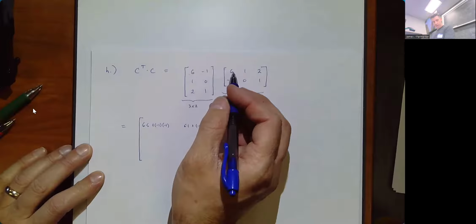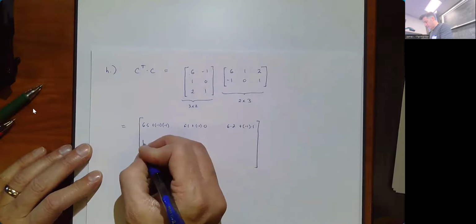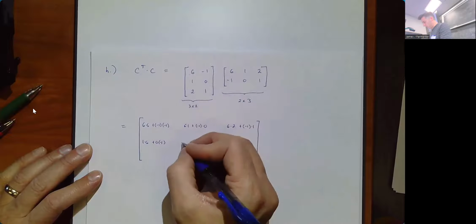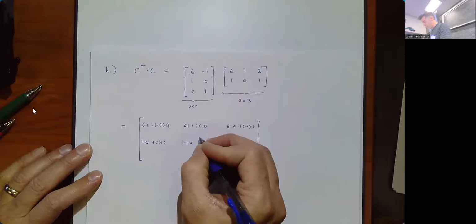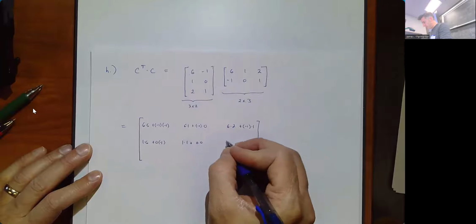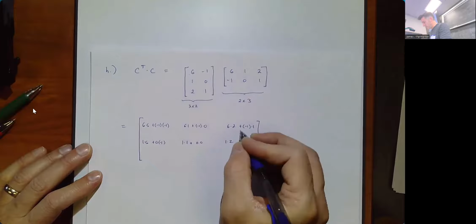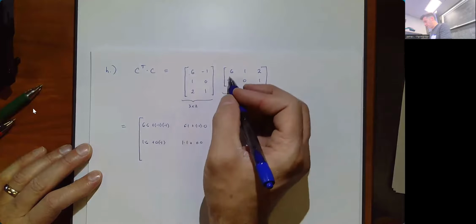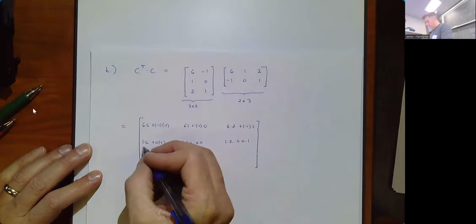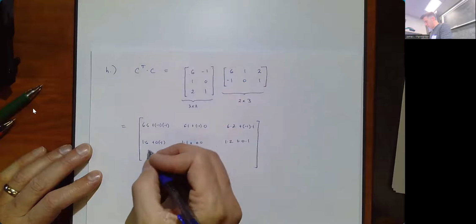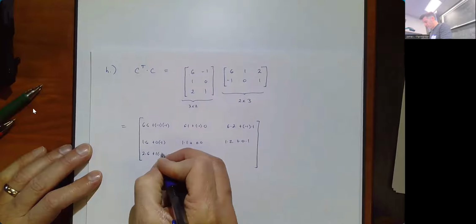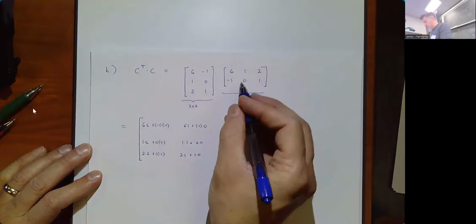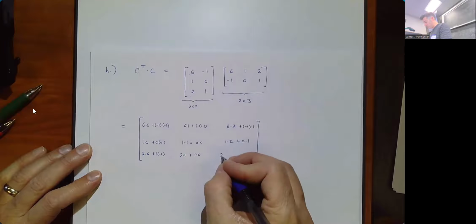So the second row should be pretty easy, right? 1 times 6 plus 0 times the next thing. And then 1 times 1 plus 0 times 0. And then 1 times 2 plus 0 times 1. And finally, third row, first column, we get a 2 times 6 and a 1 times -1. And then a 2 times 1 plus a 1 times 0. And then a 2 times 2 plus a 1 times 1.